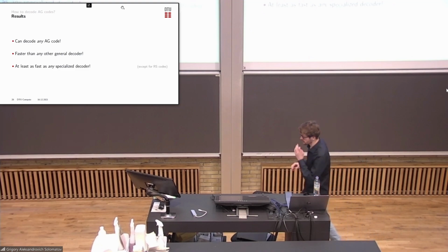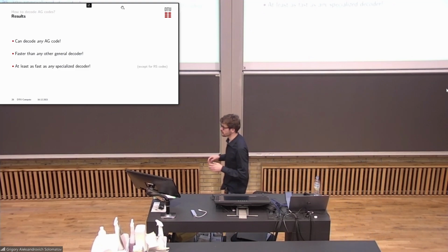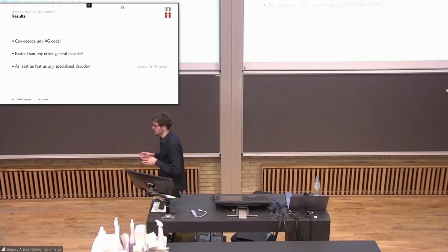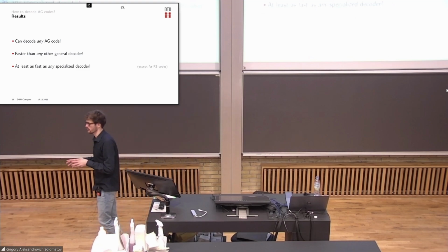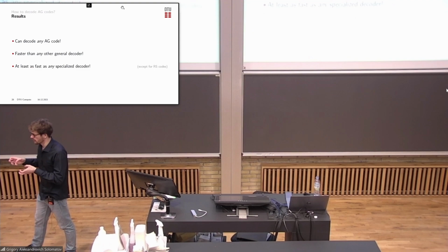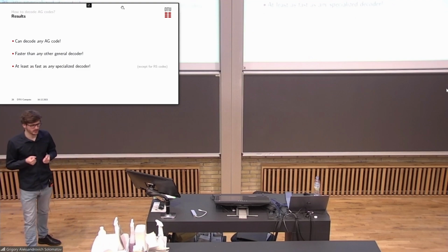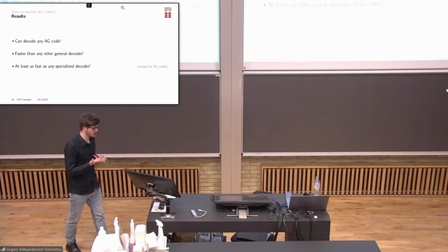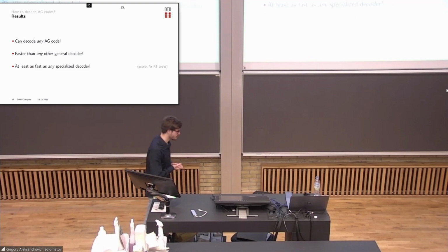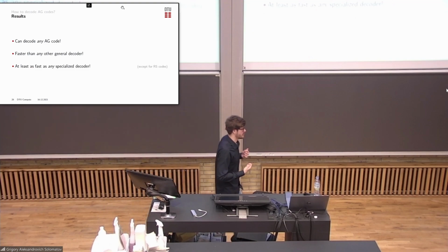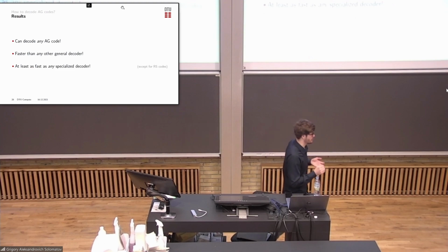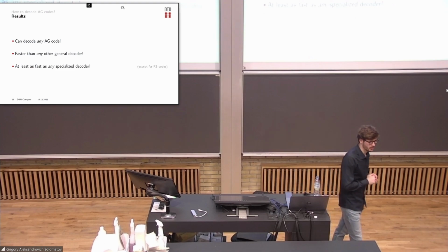And the third point is that there exist a lot of decoders that specialize in decoding specific families or even specific algebraic geometry codes and utilize the structures in these codes. So, for example, there exist algorithms that specialize in decoding codes over CAB curves.